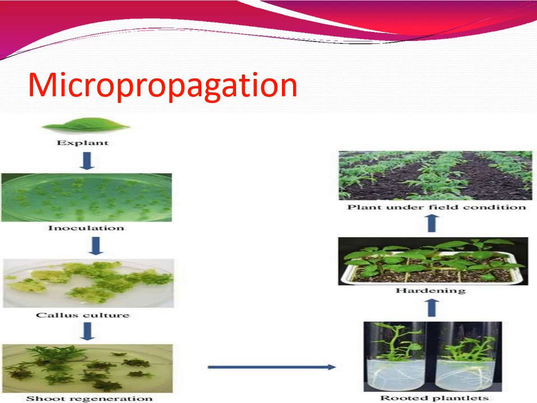After callus culture, shoot regeneration takes place. After shoot development, root development takes place. After root development, hardening of tissues takes place. Then at last we transfer the plant to the natural environment.